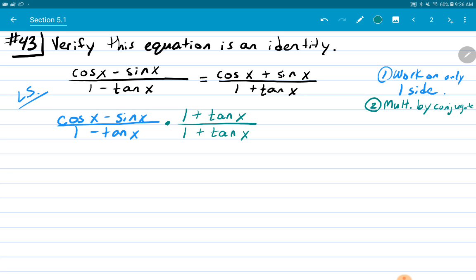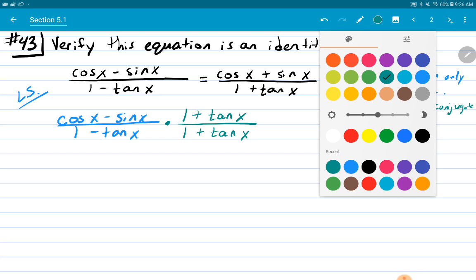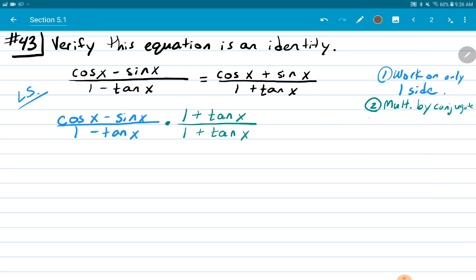Okay, so when I multiply that out, another trick we use is all our algebra rules: multiply, distribute, FOIL, factor, all those things. So I'm going to FOIL this one.